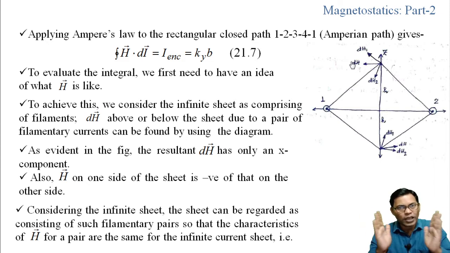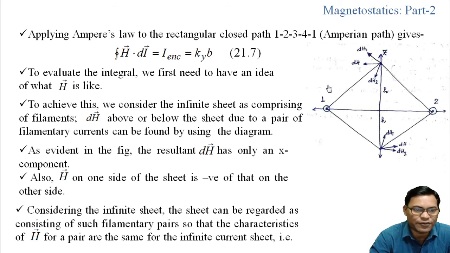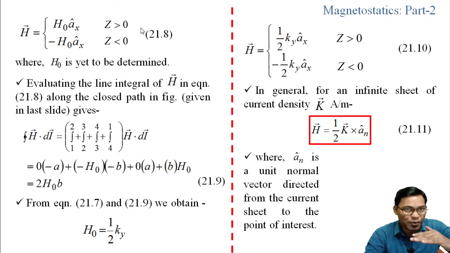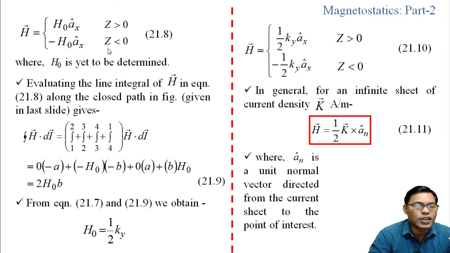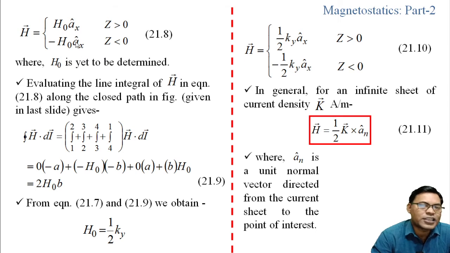For all the other strips also we will get the same direction of the magnetic field, the x direction. So the vector H can be represented as H naught ax when z is greater than 0, that means above the sheet, and minus H naught ax if z is less than 0, that means below the current sheet.